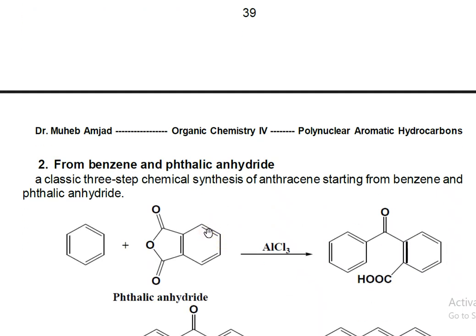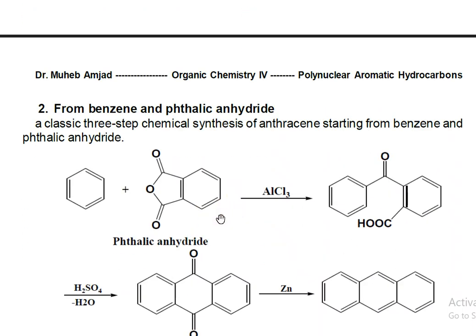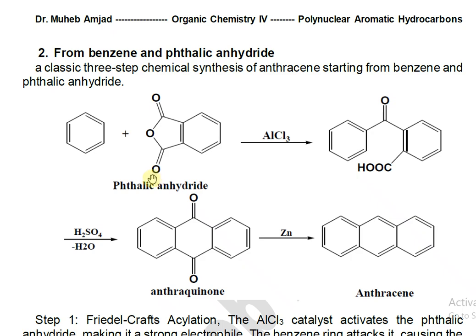The second method to prepare this compound is from benzene and phthalic anhydride. What we have here is a classical 3-step chemical synthesis of anthracene starting from benzene and phthalic anhydride. This is phthalic anhydride and this is the benzene. We have here acylation, the Friedel-Crafts acylation.